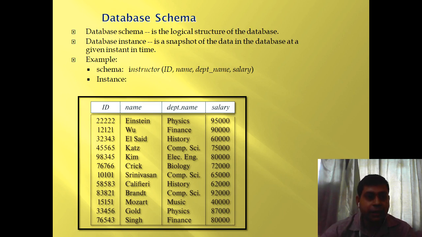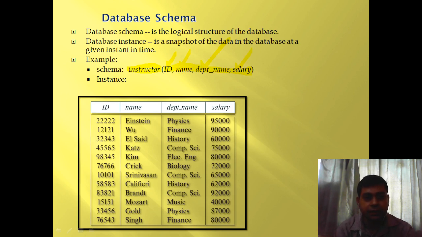Now coming to the concept of database schema. So schema and instance. Here I will be telling you these two things. Instructor, how many attributes it has, let's say the ID, then the name, then the department name, and finally the salary. So these are the different attributes that this particular table instructor will have.